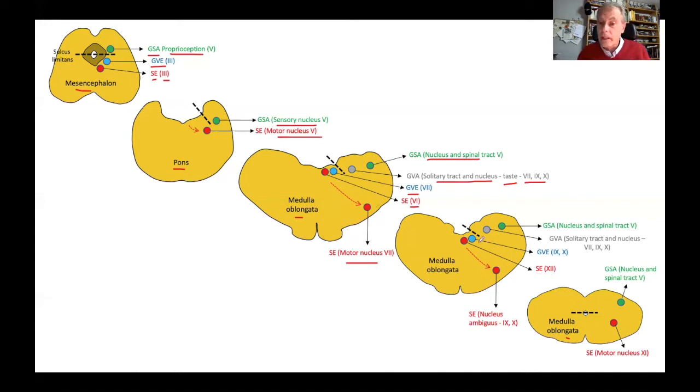Again, we progress caudally and the same organization remains. So dorsal to the sulcus limitans, the spinal tract of the trigeminal nerve and nucleus of the spinal tract of the trigeminal nerve. Closer to the sulcus limitans, the solitary tract and nucleus, okay, for facial, glossopharyngeus, and vagus.